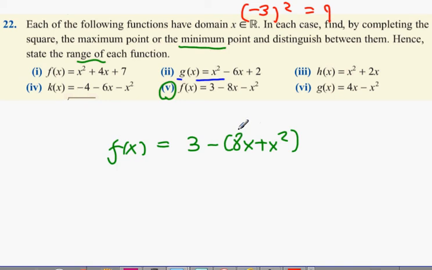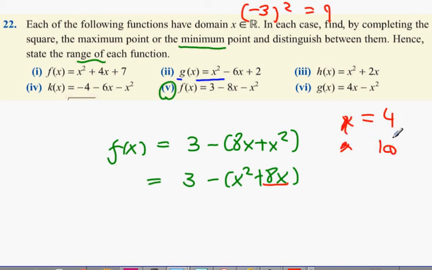Is everybody happy that's still the same function? Okay. Then what I do is I change it around such that the x squared is in front of the 8x. Like last time, I'm going to half the x value. Half it, I get 4. Square that and I get 16. So what I'm going to do here is 3 minus x squared plus 8x plus 16.